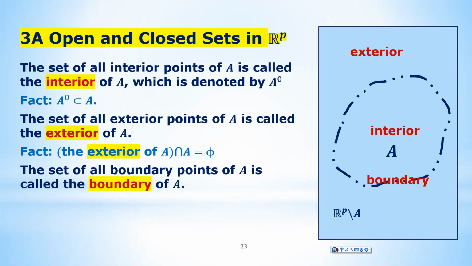The first part is the interior, the other part is the exterior, the third part is the boundary. The union of all these three parts together gives you the whole space.